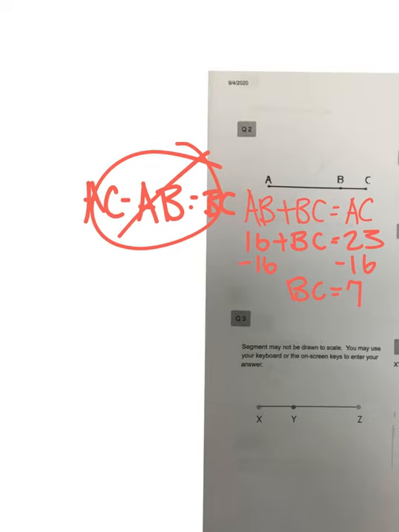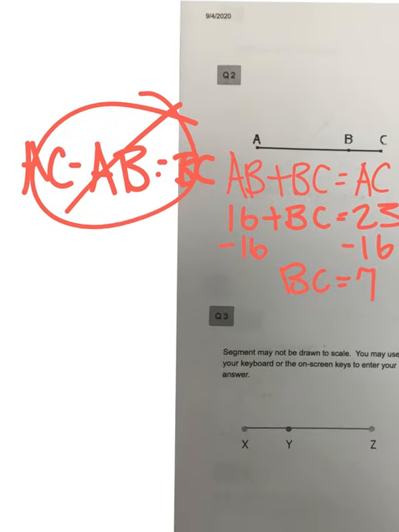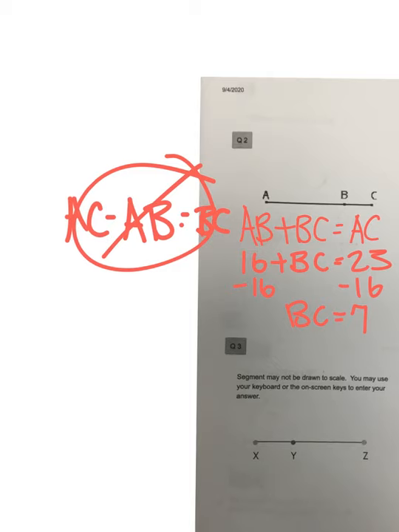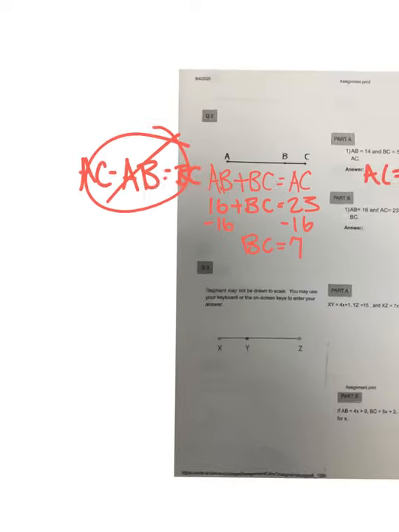Yeah, you can do that. Also, if you write AB plus BC equals AC, and then you write this, because that's the way you like to see it, that's fine as long as you have that part over there. Any other questions?